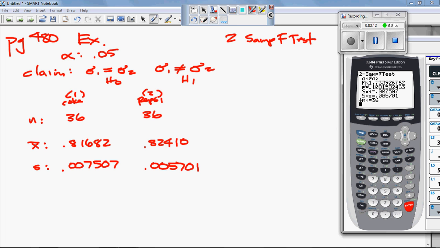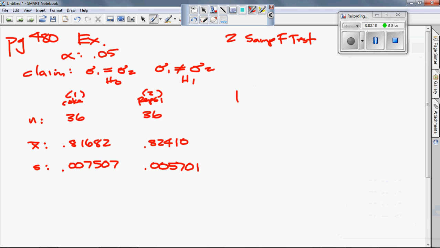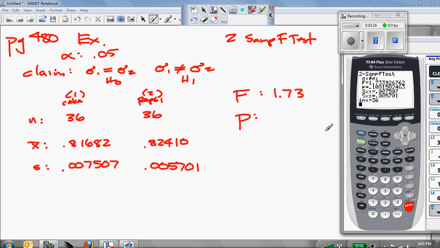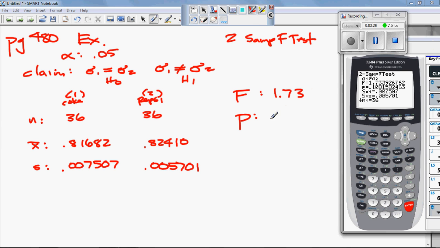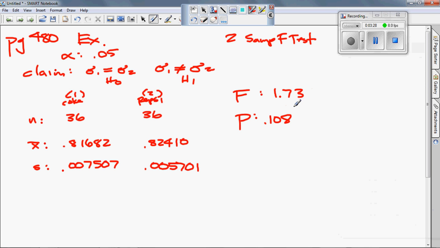Again, this is the F distribution, so our F test statistic is 1.73. And the p-value is 0.108. So we compare our p-value now to the significance level. As you can see, the p-value is not less than or equal to our significance level, so we fail to reject the null hypothesis.